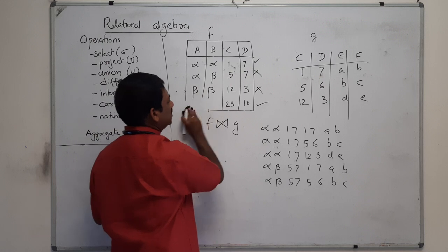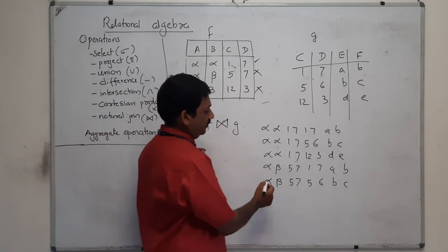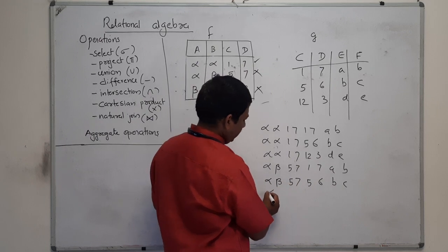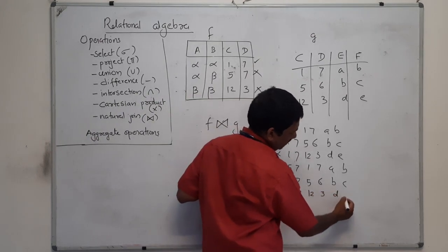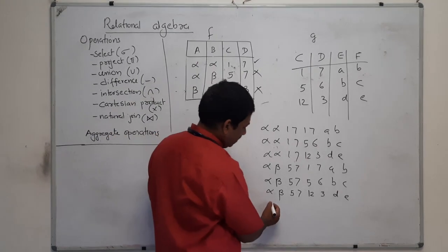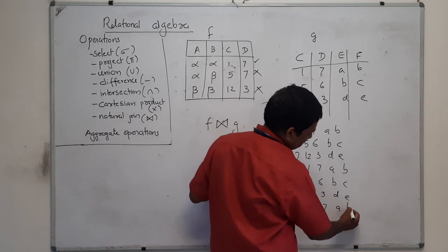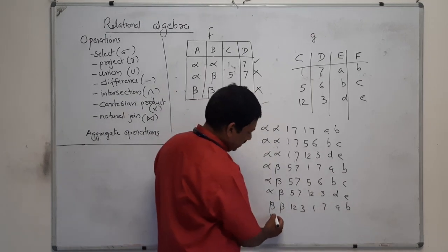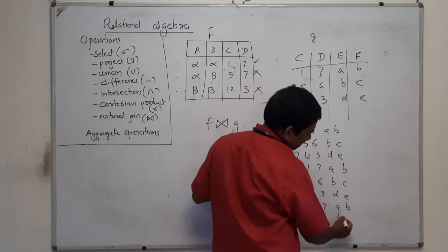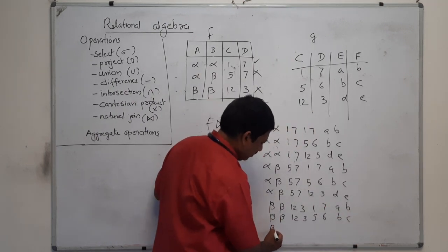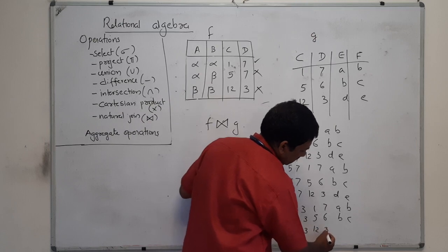And suppose that we don't have this row for the sake of simplicity, now consider this much: alpha beta 5 7 5 6 BC, alpha beta 5 7 12 3 DE, and beta beta 12 3 17 AB, beta beta 12 3 5 6 BC, beta beta 12 3 12 3 DE.